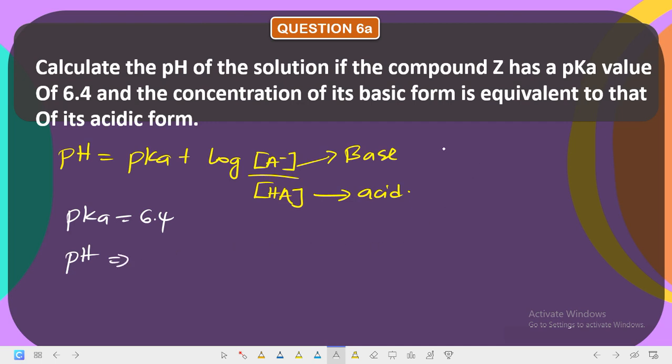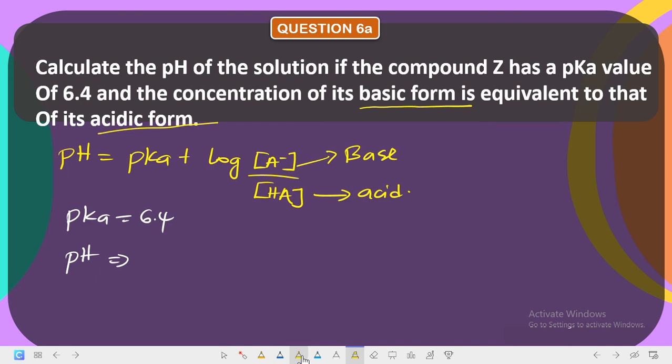Now, in most cases you may not really need to solve this, but to show that you actually did this, it's expected that you show your workings. Whenever the concentration of the basic form is equal to the concentration of the acidic form, the pH is always equal to the pKa value.